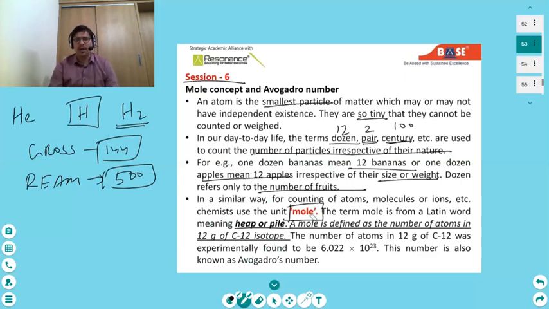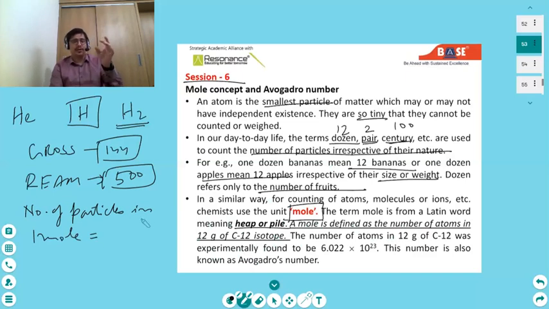Basically, what is mole? A mole is defined as the number of atoms present in 12 gram of carbon-12 isotope. So you can write like this. It is nothing but the number of particles in 1 mole of any substance. Now particle can be electron, proton, or it can be ions, atom, molecule.